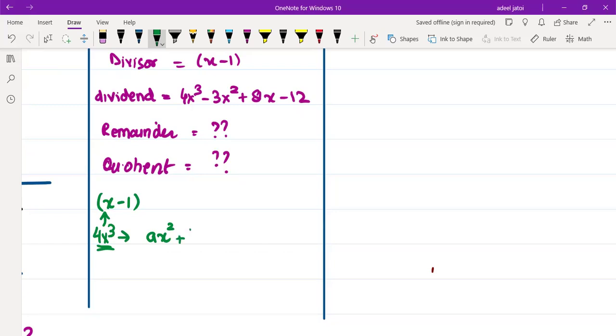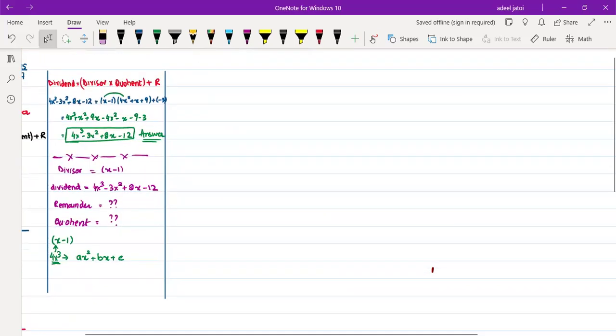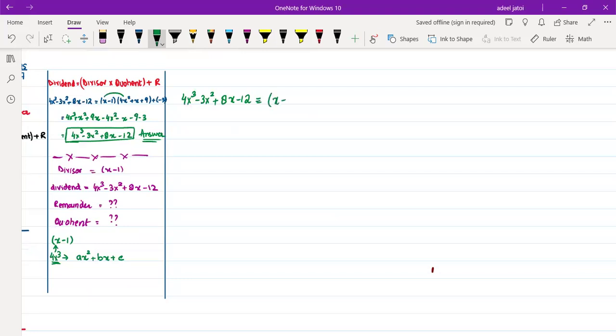A quadratic is generally summarized as ax squared plus bx plus c. So this 4x cube minus 3x squared plus 8x minus 12 can be written with x minus 1, because this is already there, and the other factor is ax squared plus bx plus c, and you do not know the remainder.